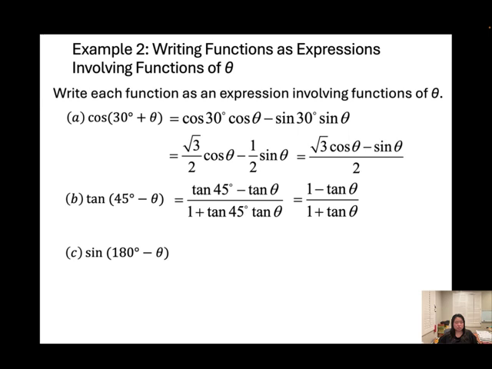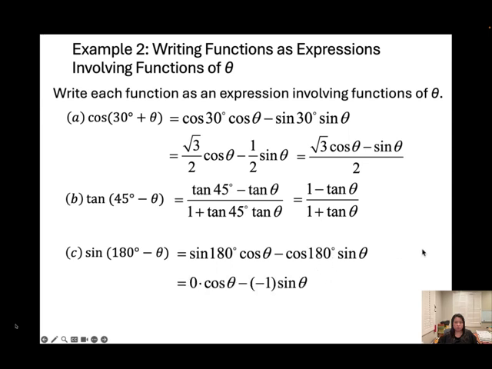And then C. So sine of A minus B. You should get sine A cosine B minus cosine A sine B. And then sine 180 will be 0, and cosine 180 will be negative 1 here. So that will be equal to sine theta.